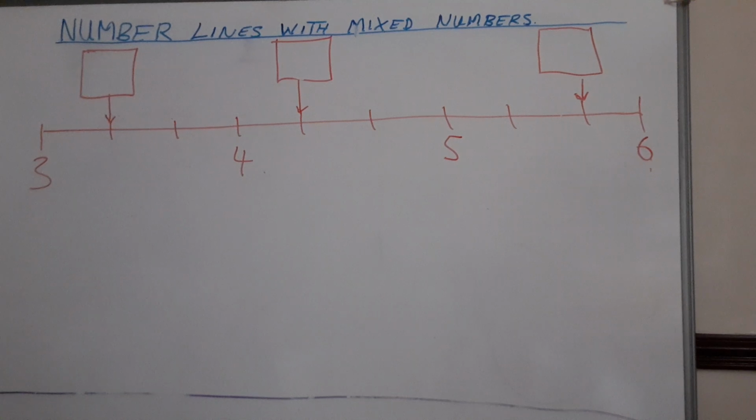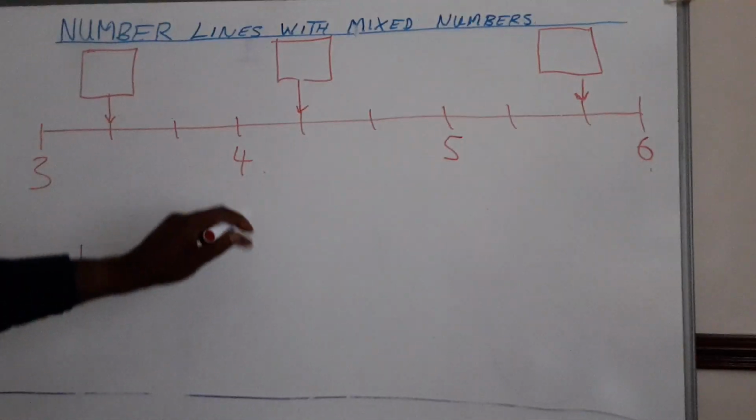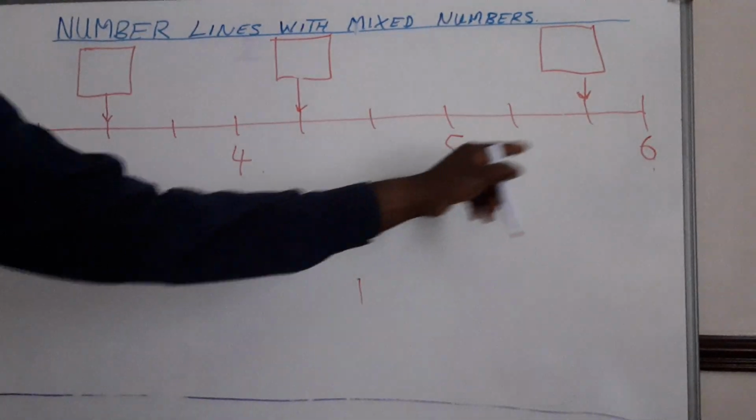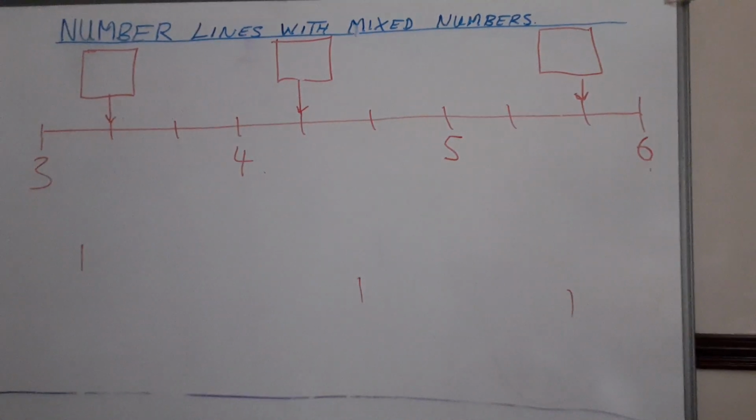First, we have to find the difference between 3 and 4. And the difference between 3 and 4 is 1. The difference between 4 and 5 is also 1. And the difference between 5 and 6 is also 1.